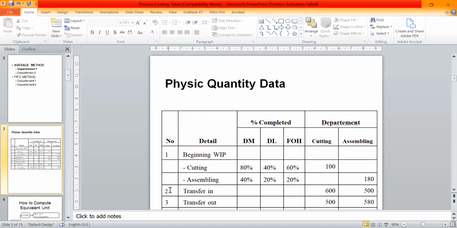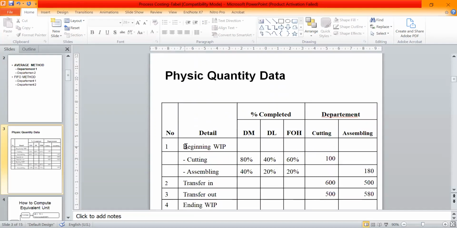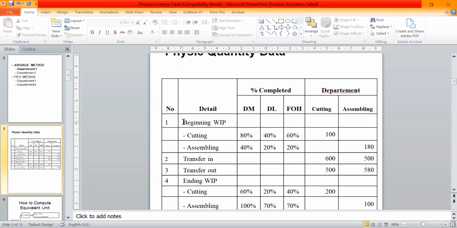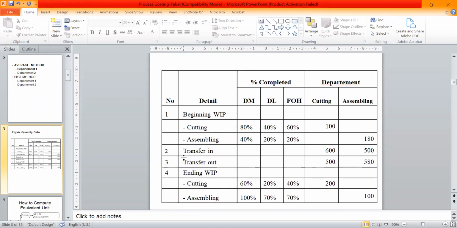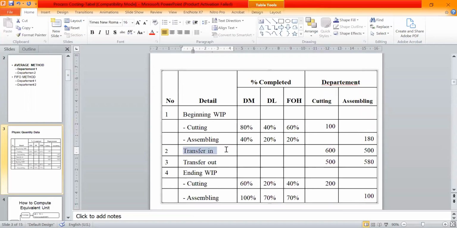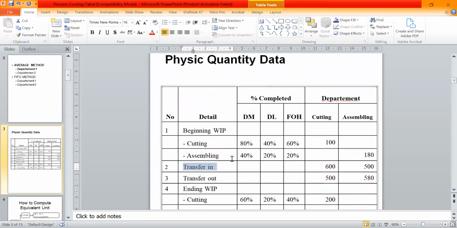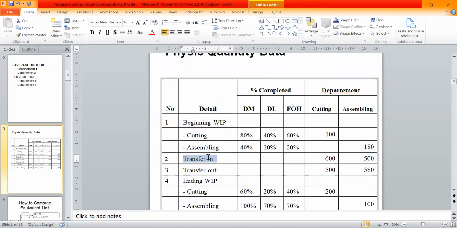We have information about the total beginning work in process units, the total units transferred in, the units that will be transferred in a certain department, and how many units will be transferred to the next department. We also have information about the total number of ending work in process units. As you can see here, we have two departments. The first department is the cutting department, and the second is the assembling department.